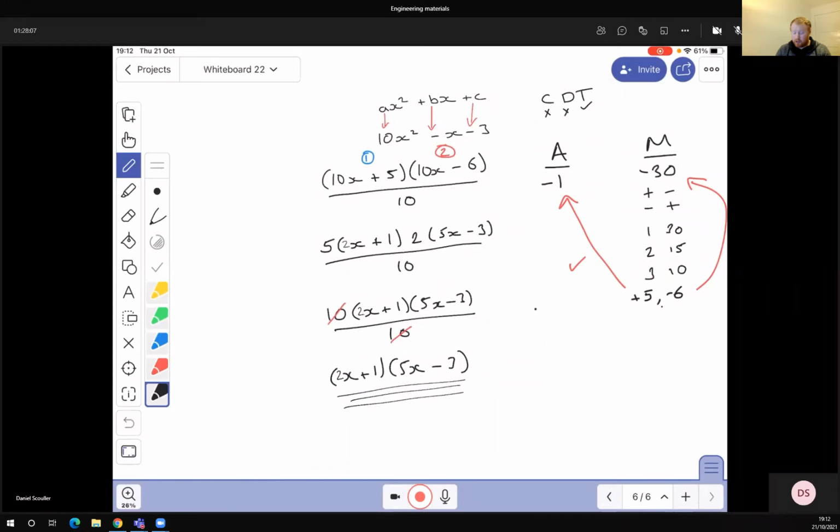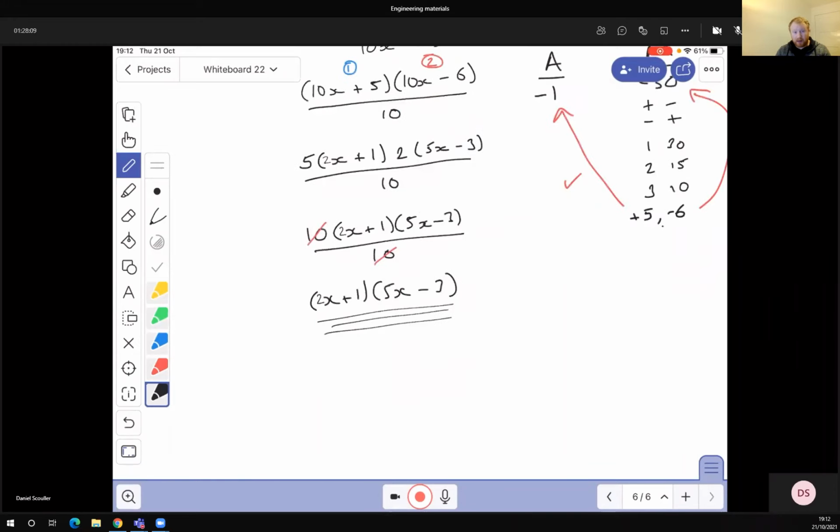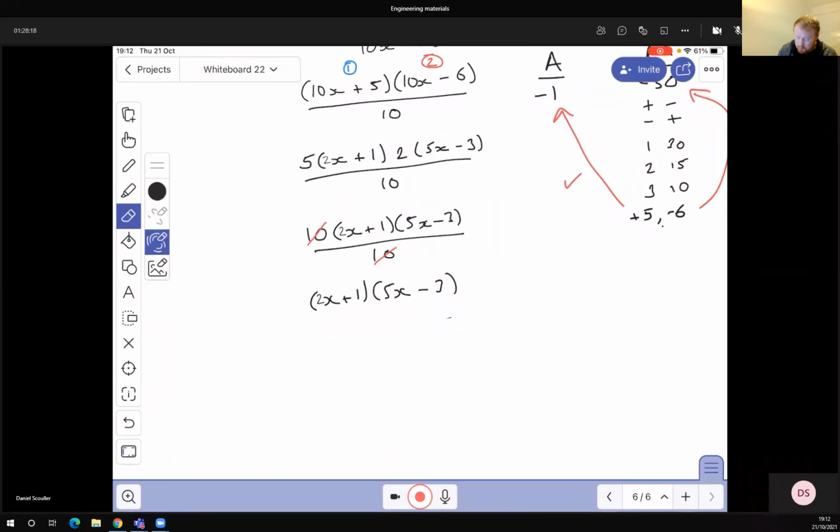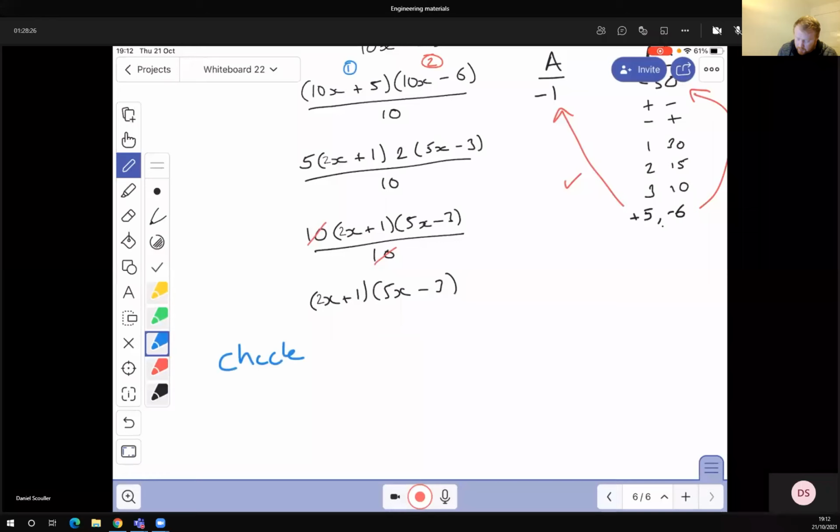Remember, you can double check that. We have broken brackets like that before, so it's just following through your FOIL. If we were to check that and break that up: 2x times 5x, 10x squared.